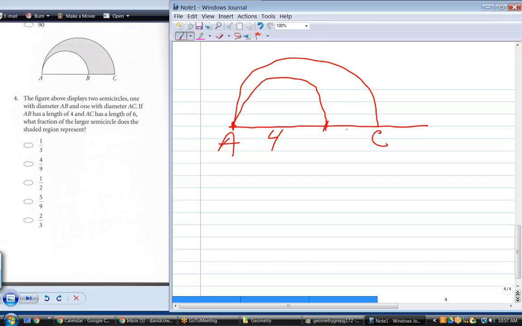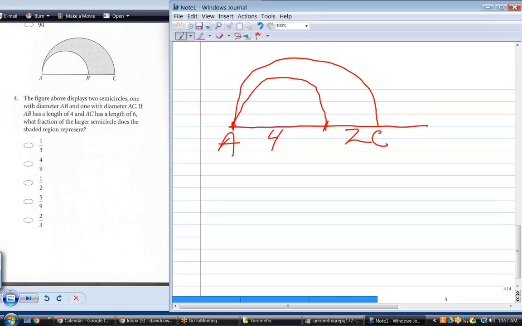So what is this dimension right here? That's got to be 2. Okay, what else are they saying? Let's see. What fraction of the larger semicircle does the shaded area represent?